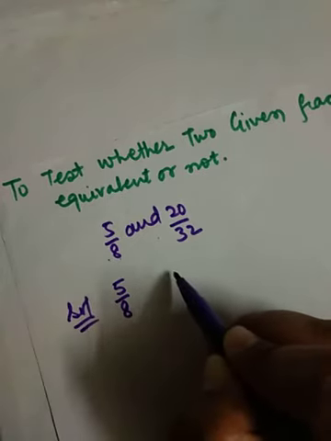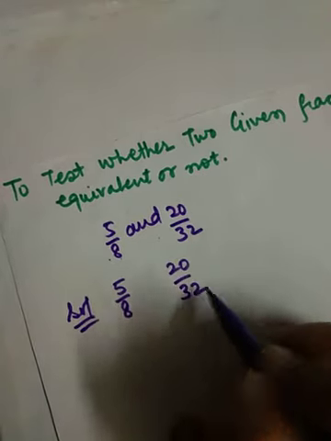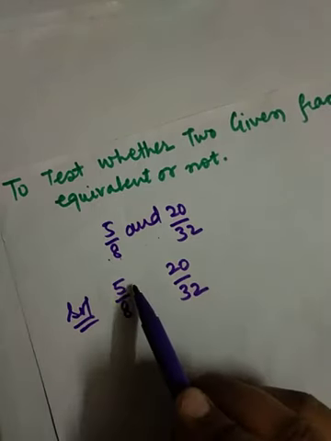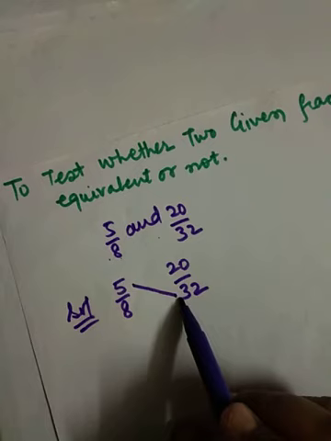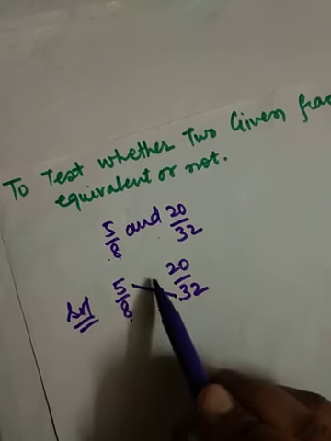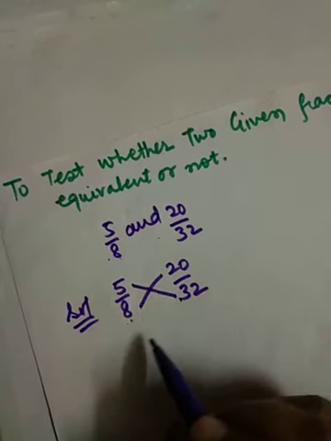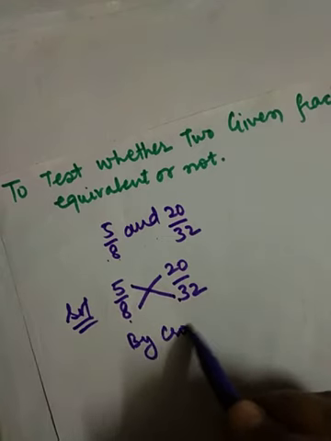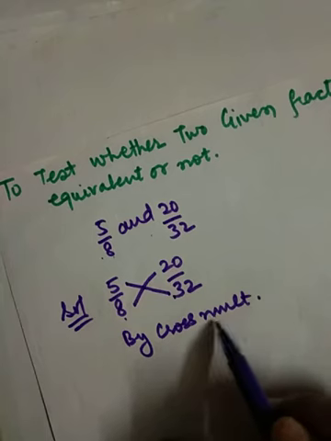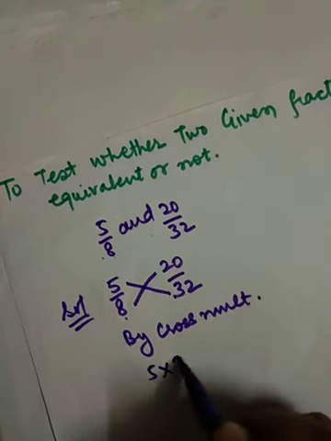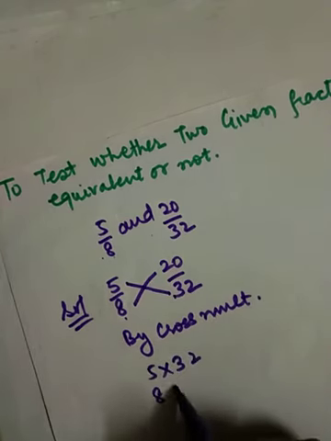Write 5 by 8 and 20 by 32. We will find it by cross multiplication: 5 multiplied by 32 and 8 multiplied by 20.